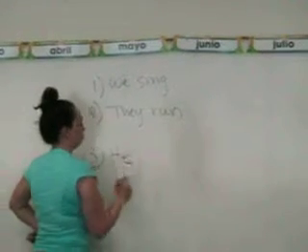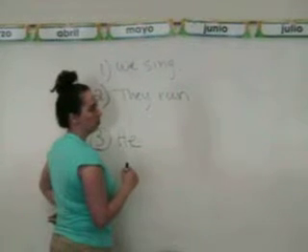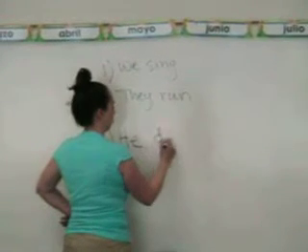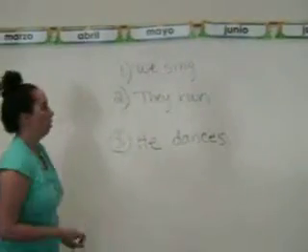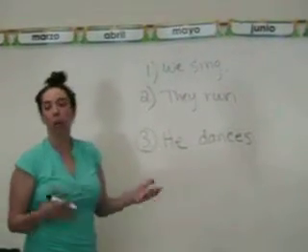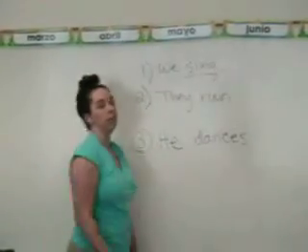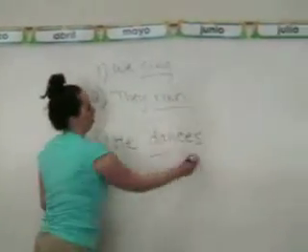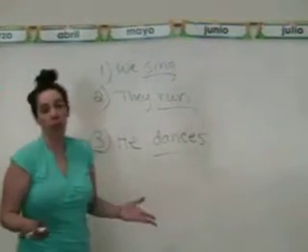He, let's say, dances. Okay. Well, as you notice, these are in English, so we have to know the verbs for all of these actions. We have to know how to say to sing, to run, to dance. If we don't know how to say those, then we can't really go any further than this.